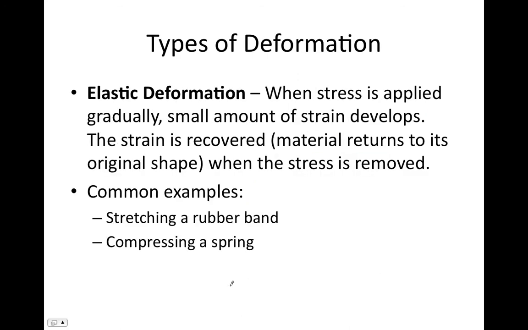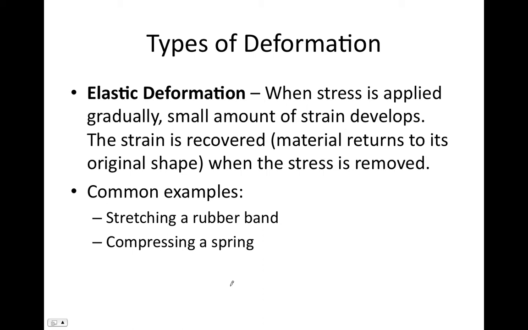Now, whenever a rock is subjected to stress, it undergoes a strain or deformation. But there's three different types of deformation, or three different types of strain. The first type we'll mention is elastic deformation. Elastic deformation is the type of deformation where the material deforms continuously. That means it doesn't break or fracture.